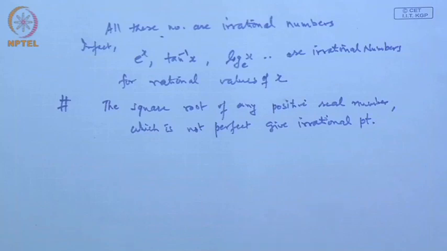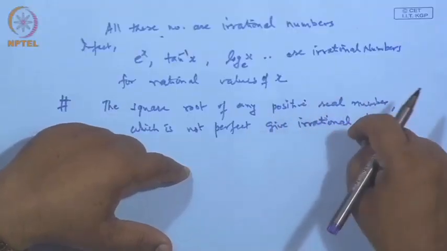If a is a positive real number but it is not perfect, perfect means that a cannot be expressed as a square of some integer. The square root does not come out to be an integer. So, if it is not perfect, then its square root must be irrational.